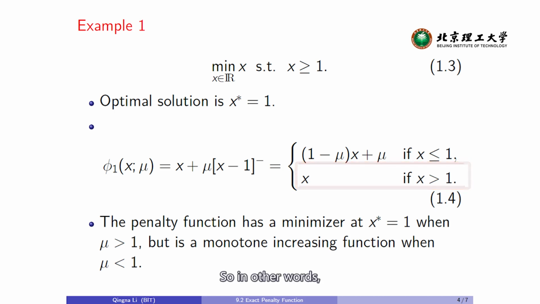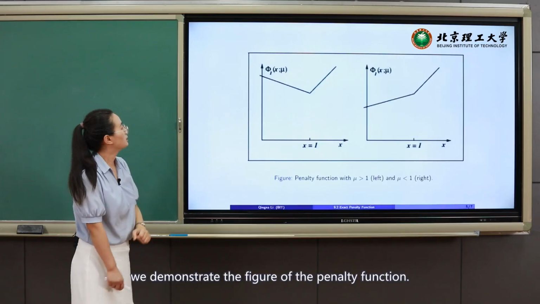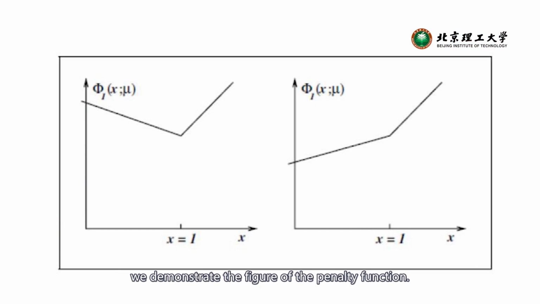For the one-dimensional example here, we can plot the figure of this L1 penalty function, and by minimizing the L1 penalty function, we can find the minimizer. Below we demonstrate the figure of the penalty function.